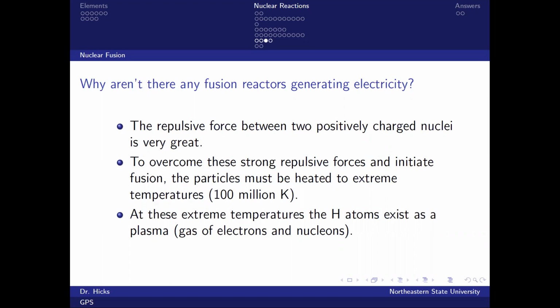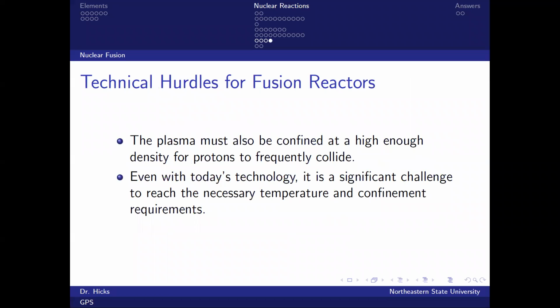To do that on Earth, we have to find some way to get these to fuse, and it usually involves heating them up to really, really high temperatures, and then using magnetic forces to get them to fuse together.